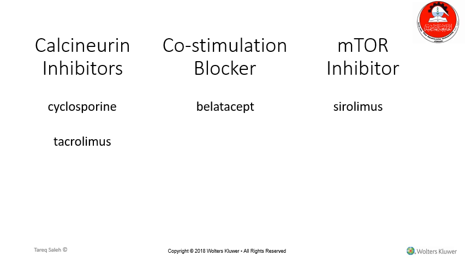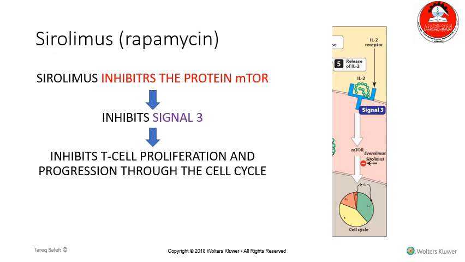The third category of maintenance immunosuppressants are mTOR inhibitors, and the drug that falls into this category is sirolimus. Remember that the third step, or third signal, required to activate the proliferation and growth of activated T lymphocytes involves the binding of IL-2 to its receptor on T cells, which results in the activation of mTOR signaling.